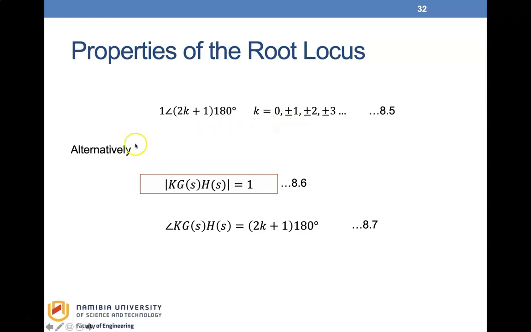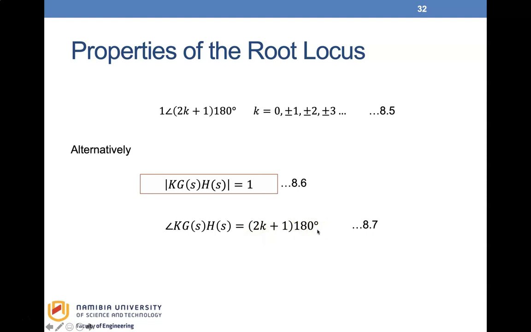Alternatively, a value of s is a closed loop pole if the length of the vector KG(s)H(s) is equal to 1, and the angle of KG(s)H(s) is equal to (2k + 1) multiplied by 180 degrees.